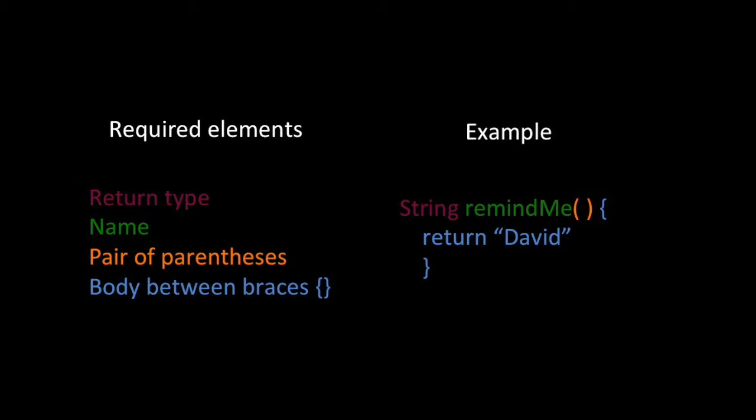The name is the name of the procedure or the function, in this case always a method. The pair of parentheses will have the arguments, and it's possible there are no arguments. And the body is the set of statements we normally have in a program. Those are the required elements.